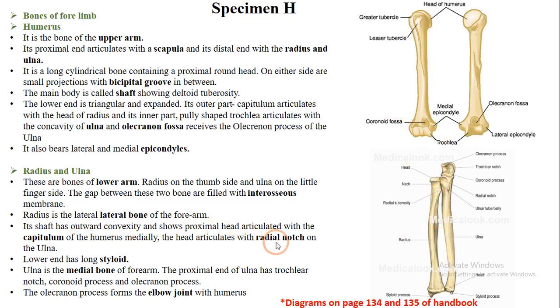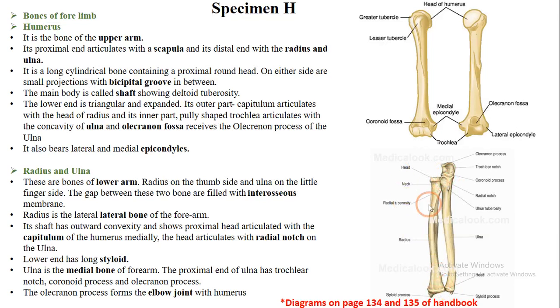The head also articulates with the radial notch on the ulna. Over here, you can see a notch that will articulate with this region. The lower end has long styloids, so there are styloid processes present on both sides, in the radius and the ulna.